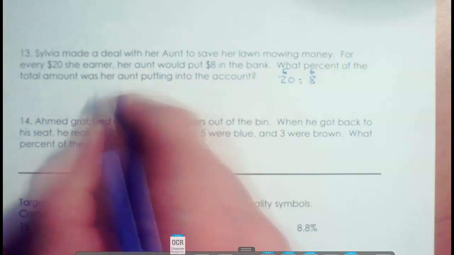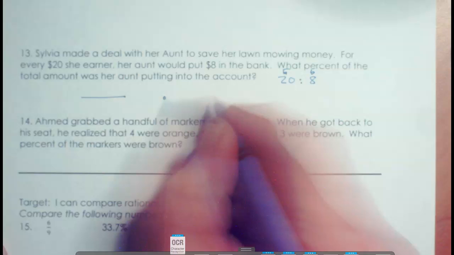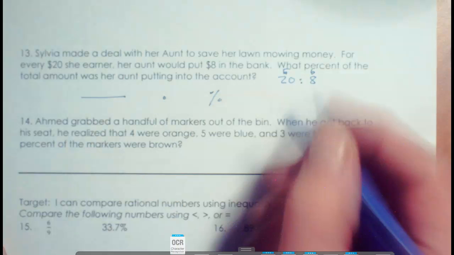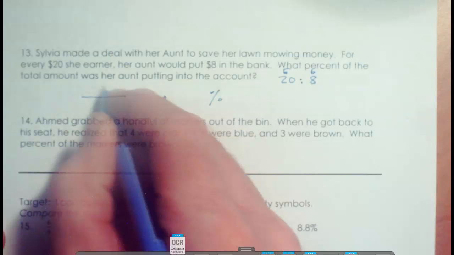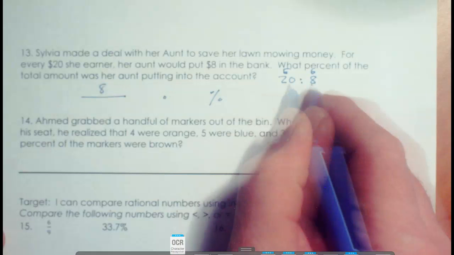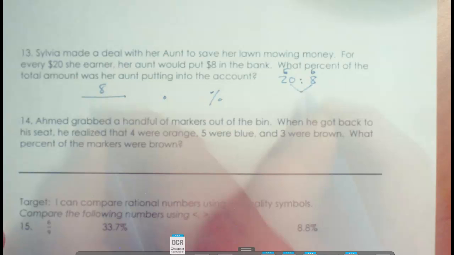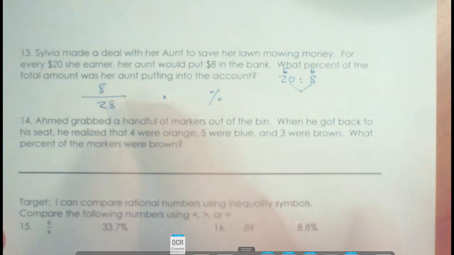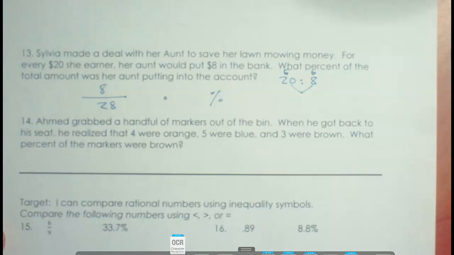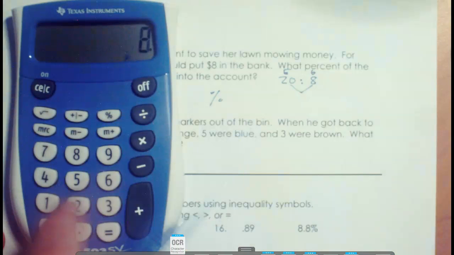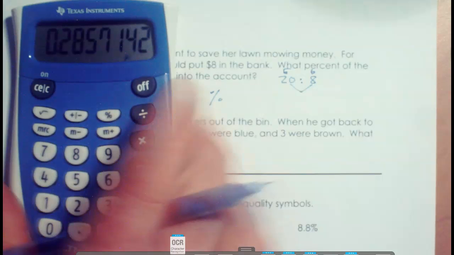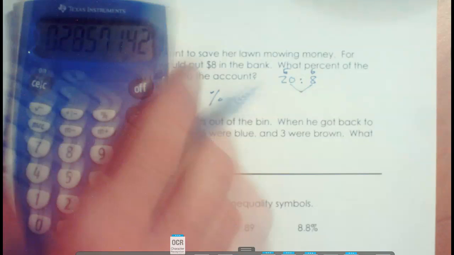Again, we've got to get to a fraction, then we can get to a decimal, then we can get to a percent. So her aunt is putting in $8. She's putting in 28. That's the total. So 8 divided by 28. Eight divided by 28 equals 0.2857.